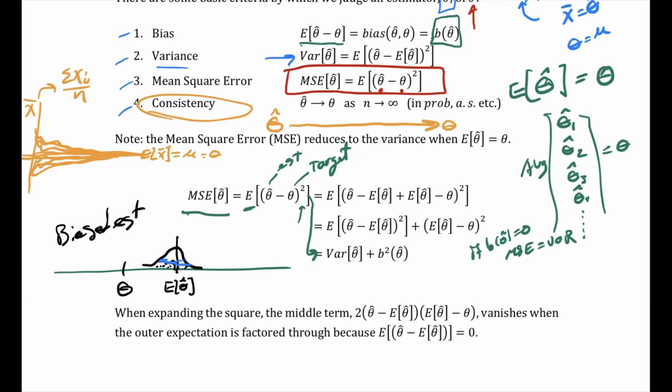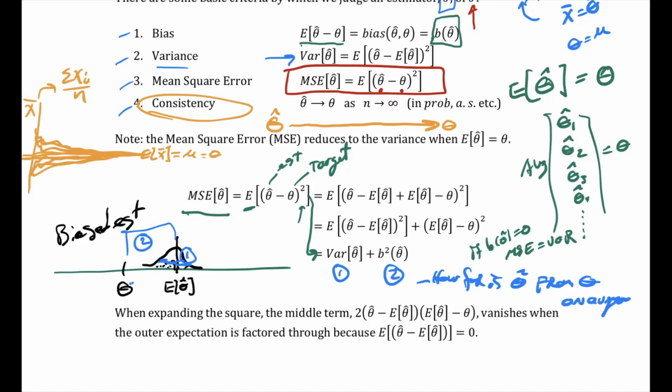Well, I've got this variability to add up, but also I'm not even close to the truth, because this is the truth. This is where I want to be. So I have to take this first part, the variance, and add the second part together, and mean square error measures that. That first part is here and that second part is here on the squared scale. So I sort of add up how far theta hat is from theta on average is essentially what I'm asking for.